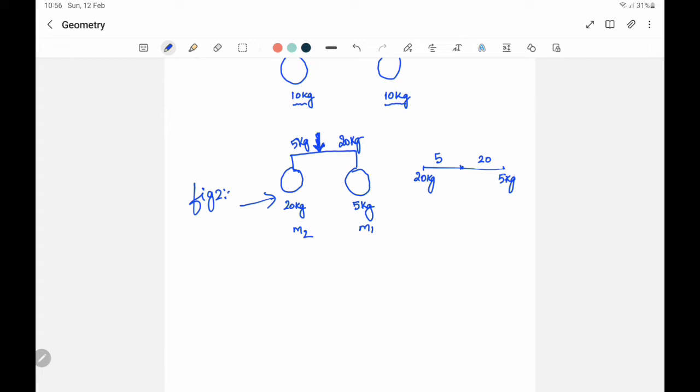The weight to the left hand side of this point will be the same as this weight, and the weight to the right hand side of this point will be the same as this weight. So the ratio is 5:20, or we can write it as 1:4.